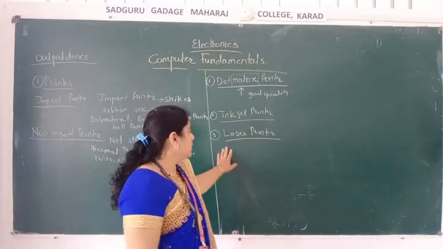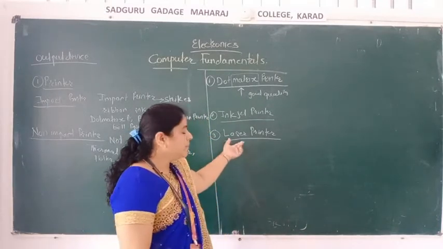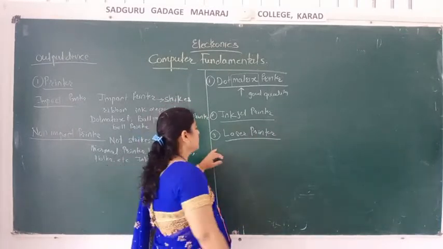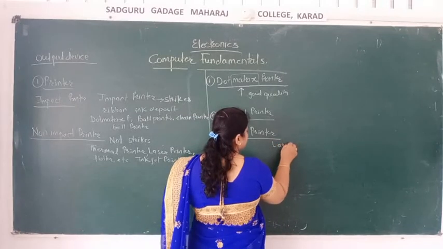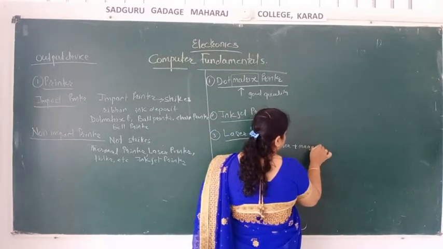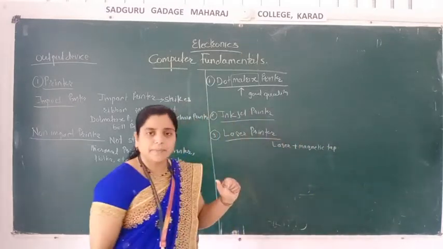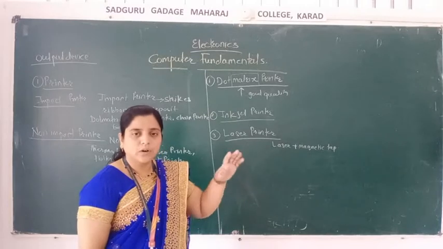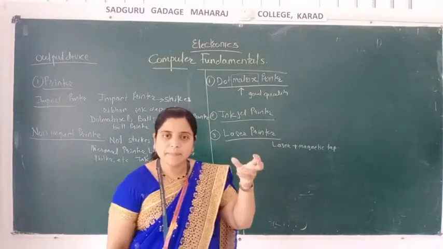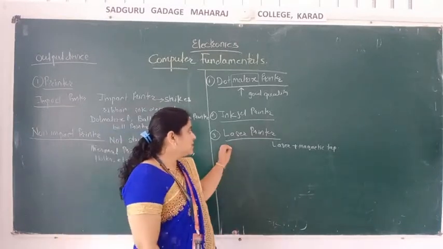A laser printer is a combination of laser and magnetic tape. If a print is given, it does not go directly to print; first it goes to the magnetic tape, which saves that information, and then gives it to the print.